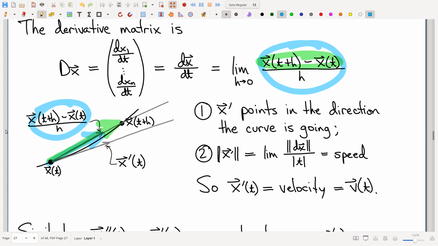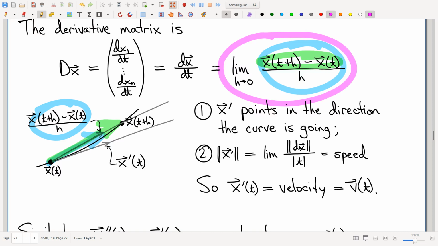And then as we take a limit, these green differences being what you might call secant vectors, this point here on the right gets closer and closer to this point here on the left, and the direction of these secant vectors becomes more and more a tangent direction to the curve.